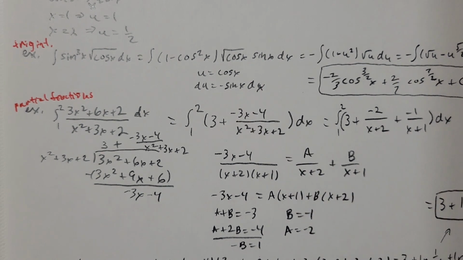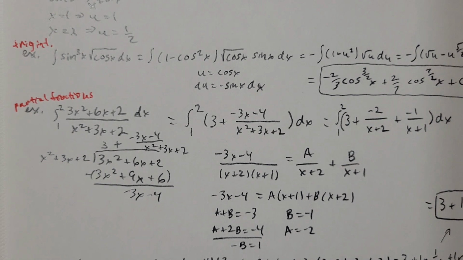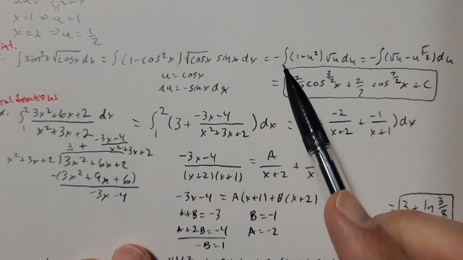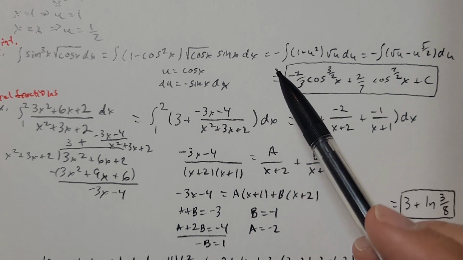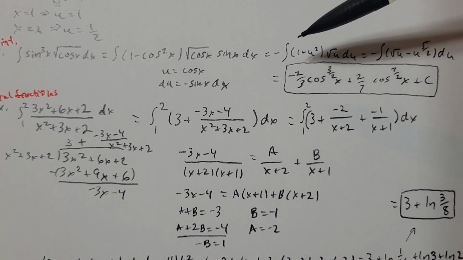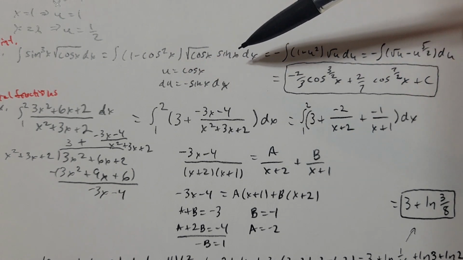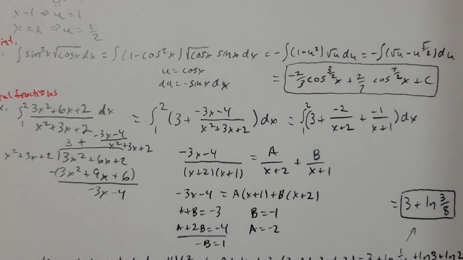Okay, if I let u be cosine of x, du is negative sine x dx. Okay, and so let's see, when I replace that, I'm going to have the negative I can bring out the outside of the integral. So I'm going to have negative the integral of 1 minus u squared times the square root of u, and then the sine x dx part can be replaced with du.